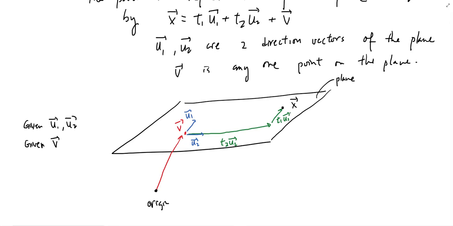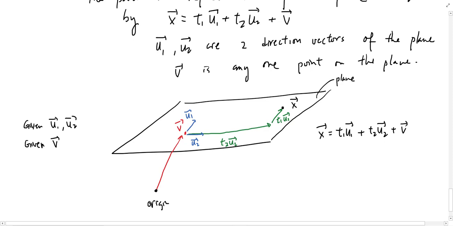And then we add them up tail to head to travel to where point x is. Which is the reason why the parametric representation is this: to define point x, I take the direction vector u1 stretched out by t1, plus the direction vector u2 stretched out by t2, and then also add the position vector v to get to where I have to go.